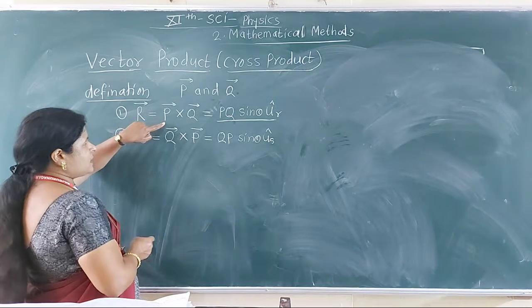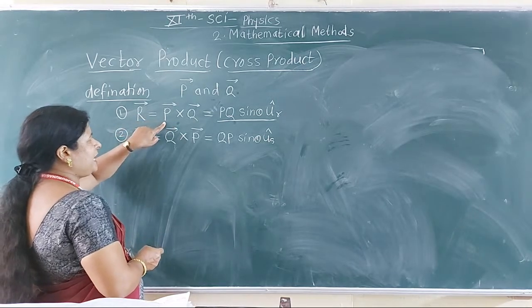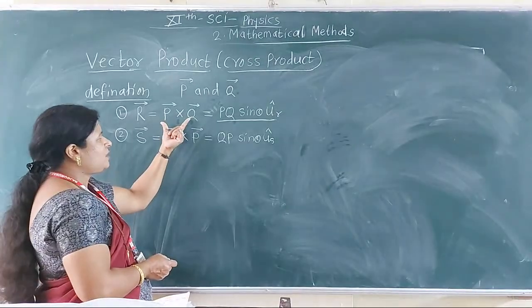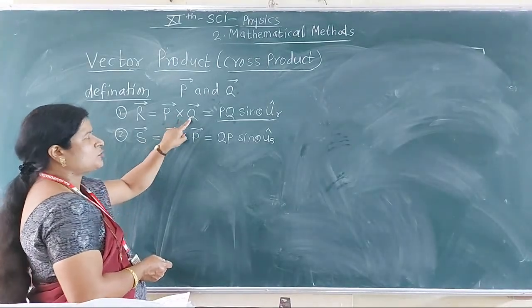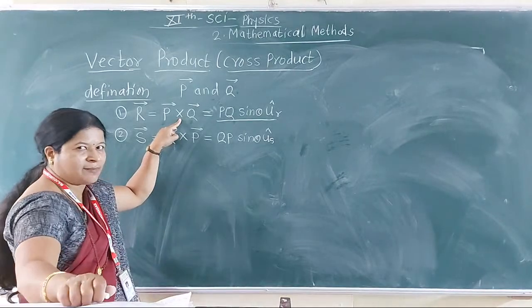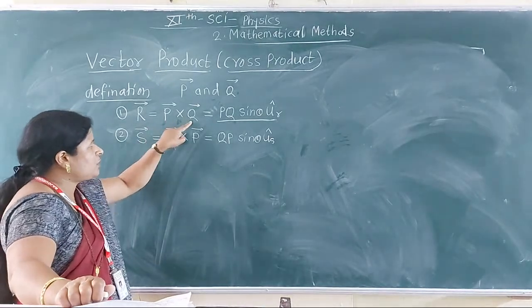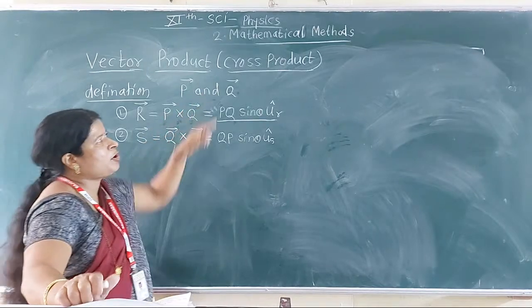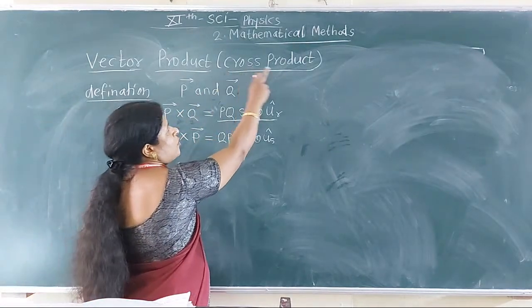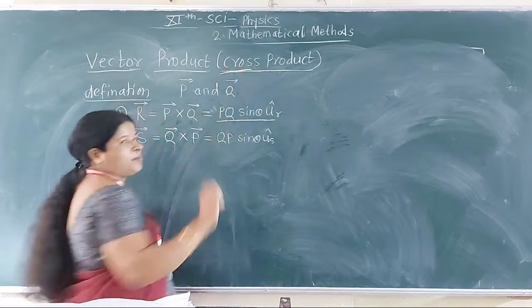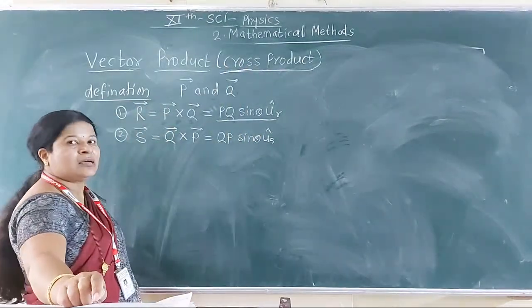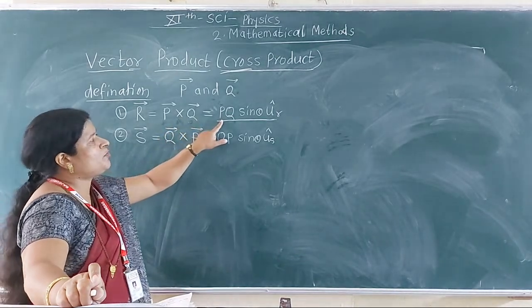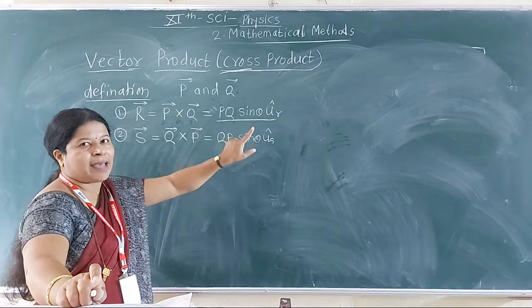Now see this formula, vector P, vector Q. We show the multiplication between these two vectors with a cross symbol, therefore we call the product a cross product, which is equal to PQ sin theta u cap r.